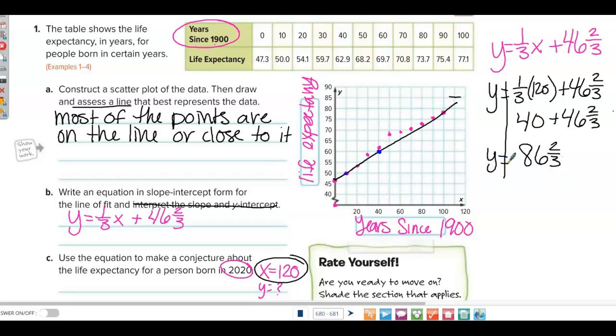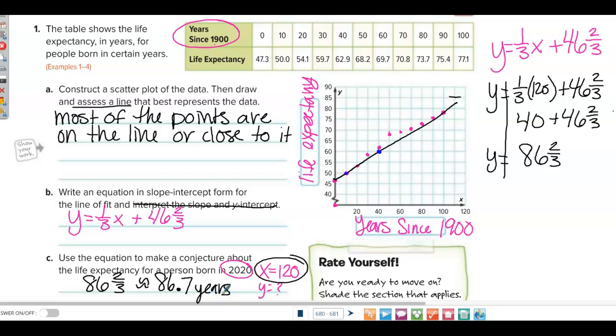Therefore, in year 2020, the expected life expectancy is 86 2/3, or about 86.7 for rounding if you turned it into a decimal. And we label it years.